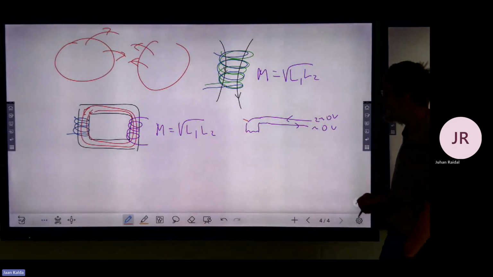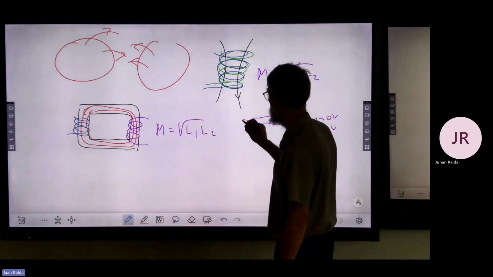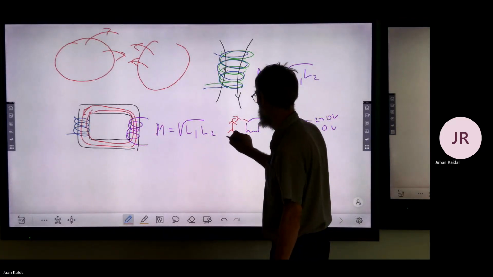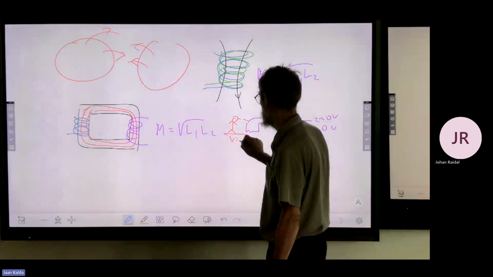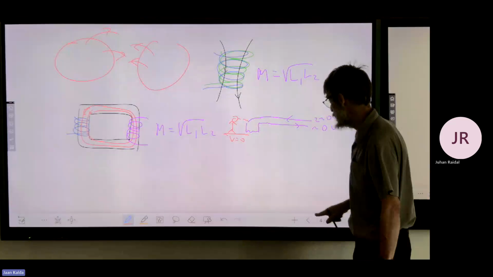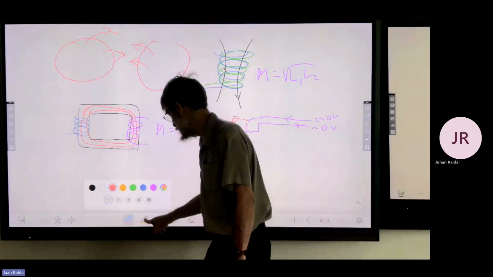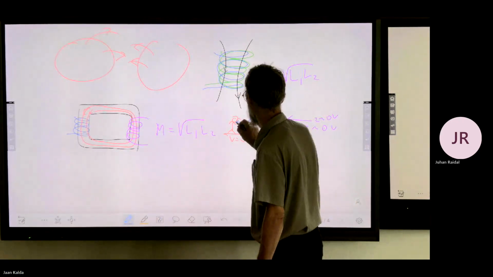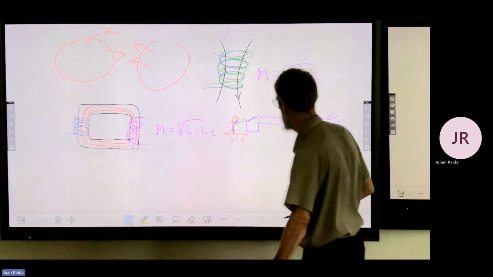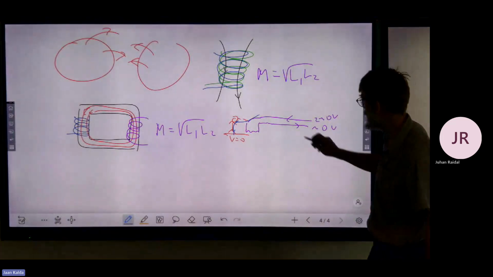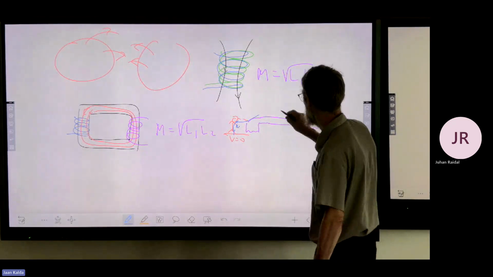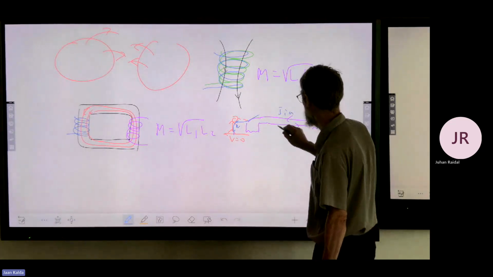It doesn't matter. If you touch it, then you are grounded, meaning that here voltage is 0. And then the current here goes through you, right? And goes to here. This means that if we have here a certain current I, then we have here I in and here I out.